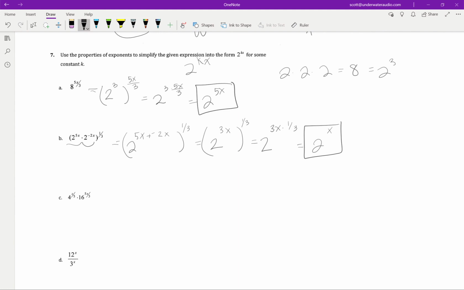Okay. All right, part C. Okay, I need it to be 2 to a power. So 4 is the same thing as 2 squared. So I'd do 2 squared, just a substitution, x to the 5th. And then 16 is, so 2 times 2 is 4, times 2 is 8, times 2 is 16. So this is the same thing as 2 to the 4th power.